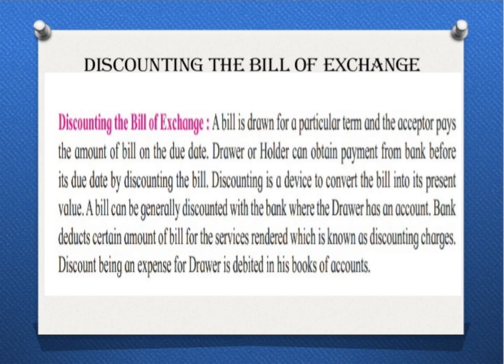It is a device to convert the bill into its present value, and the discount, being an expense for the drawer, is debited in his books of accounts. For that, the bank charges some amount of the bill for the services rendered, which is known as discounting charges. All of you understood?